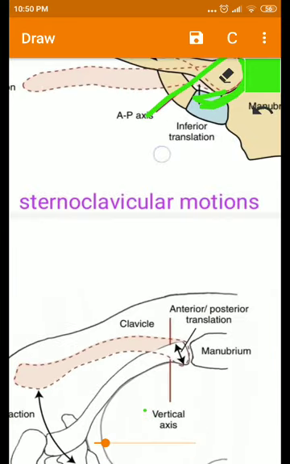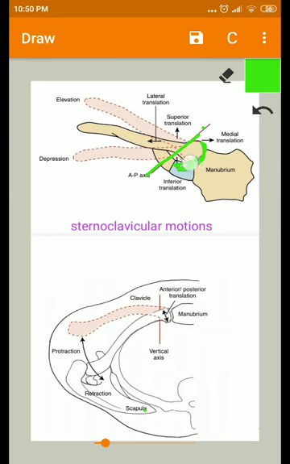Orthokinematically, the convex surface of the clavicle must slide on the concave manubrium and the first costal cartilage in a direction opposite to the movement of the lateral end of the clavicle.